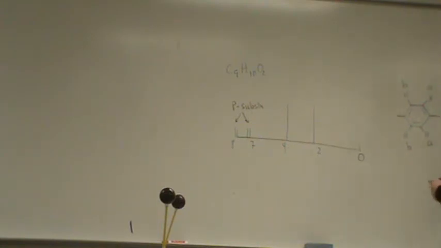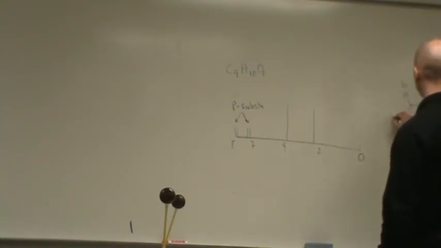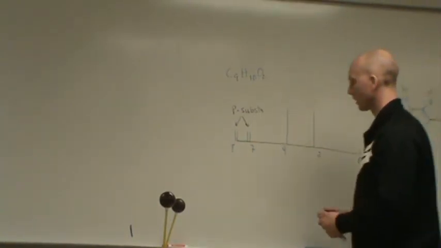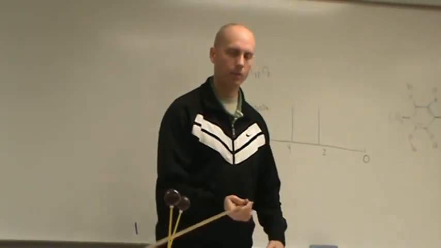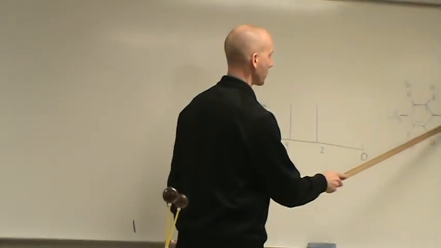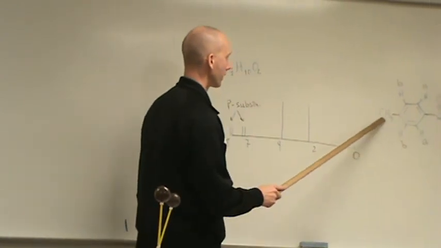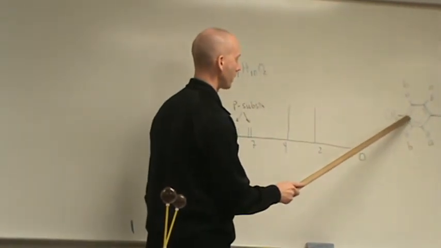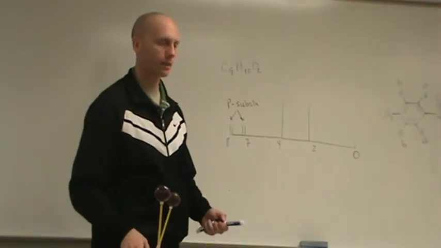So let me give you the rest of the molecule here. Okay. So we have 2 CH3s next to no neighbors, singlet, and this next to a 0 neighbor singlet. Okay?